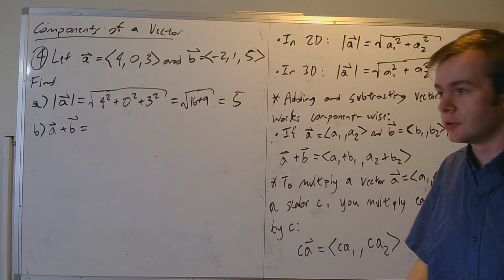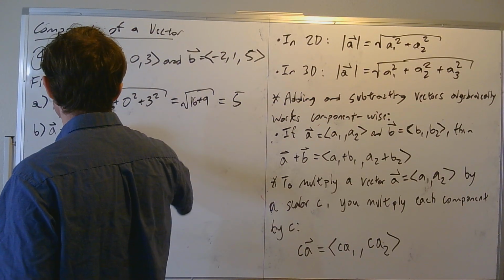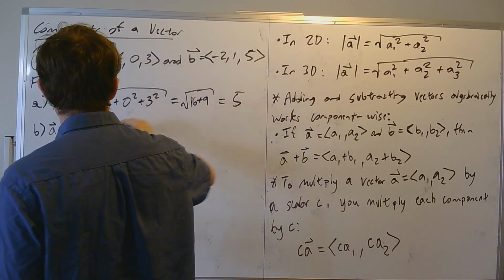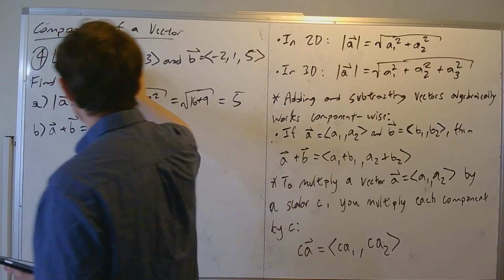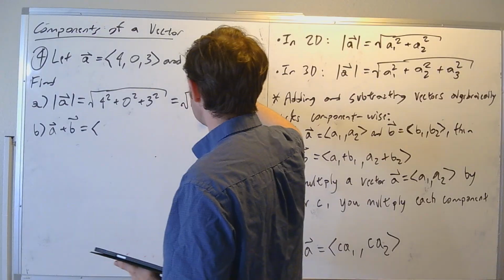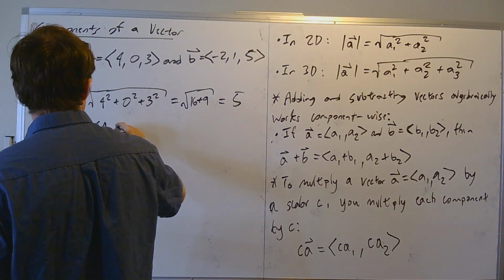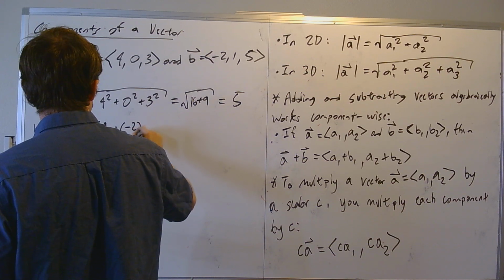We just add the components, right? In this case, we have 3 components, but we add together each component. So we add together the x components, the x component of A plus the x component of B. So we're going to have 4 plus our -2.